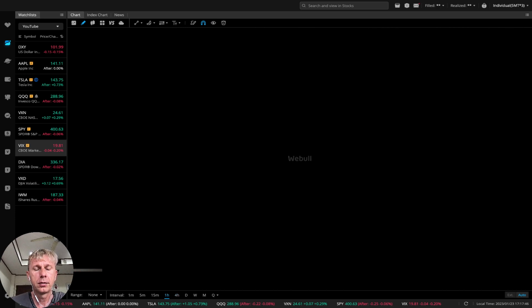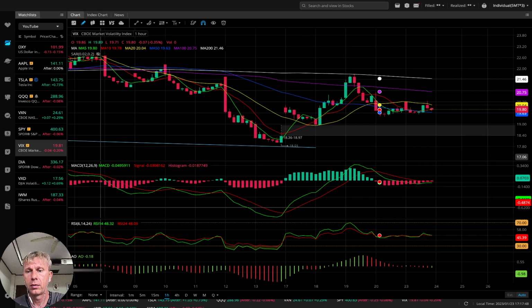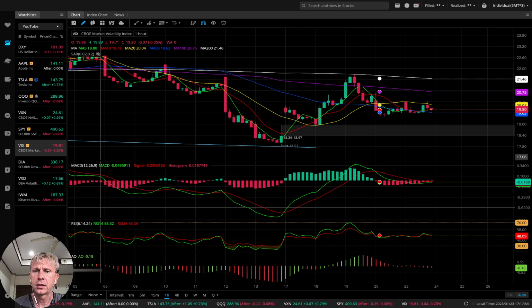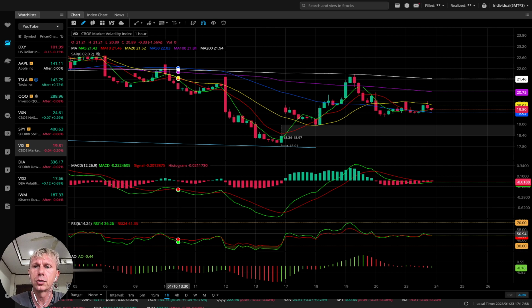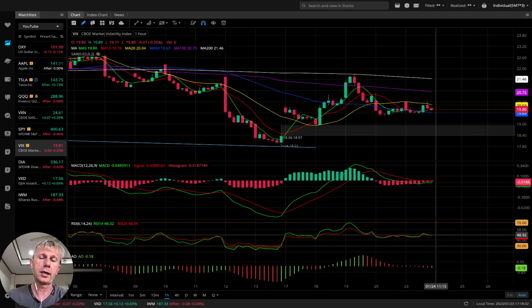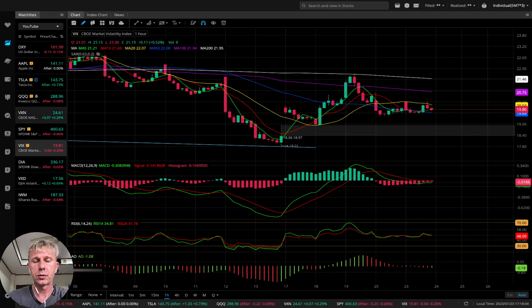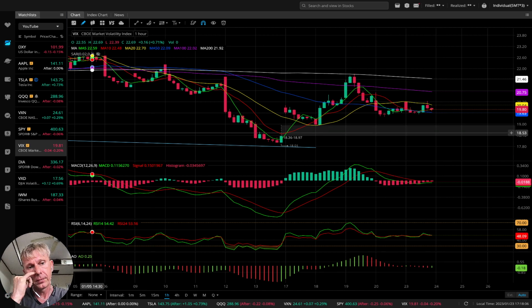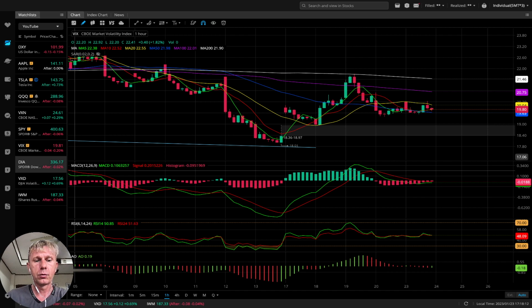On 1 hour, it was bearish. Now it's kind of bullish. MA5 did bullish crossover over 50. MACD ready for bullish crossover. RSI bullish. It's bearish for SPY. Okay. That's what we have. VIX is very strong. Let's move to Dow Jones.